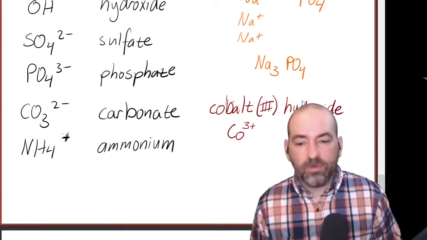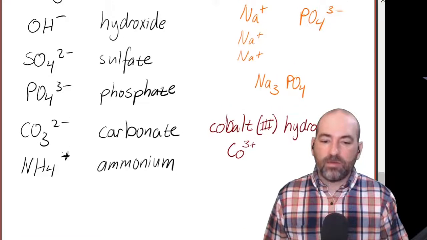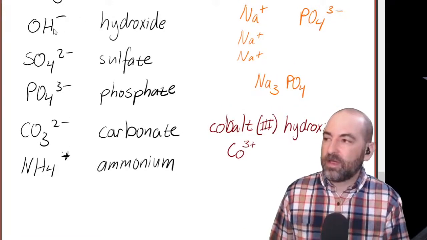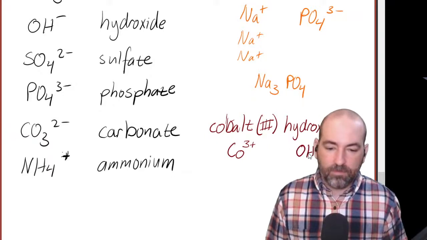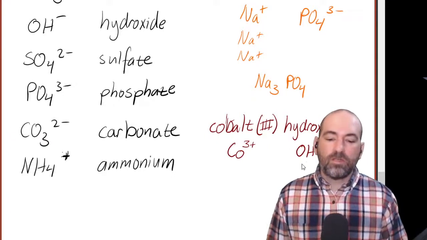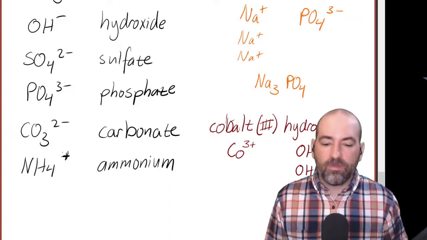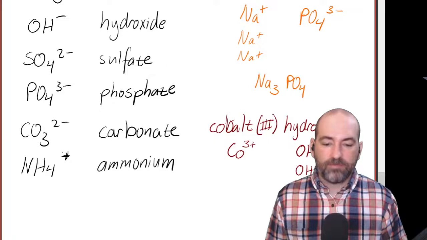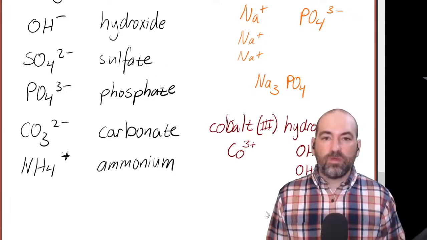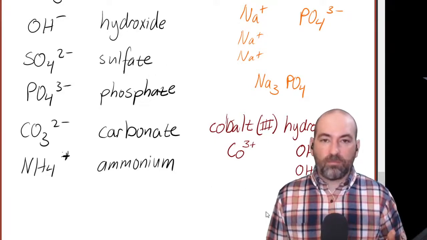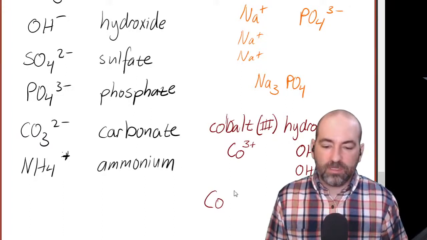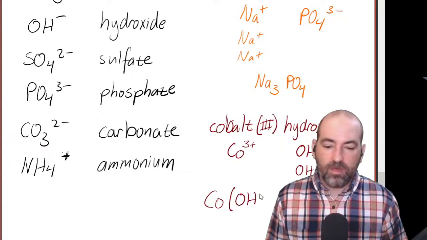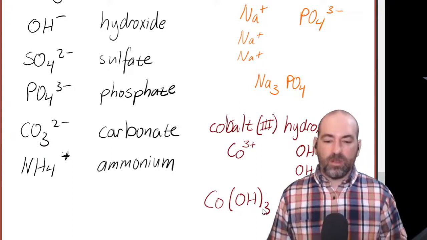And then hydroxide we recognize as a polyatomic ion. We look it up on a table of polyatomic ions, and we see here that it is OH and -1. And so to balance this formula, we need 3 of those. So 3 plus, 3 minus. And the way we write this when we want more than one polyatomic ion in a formula is to use parentheses so that it's clear that we mean that we need 3 of the entire unit.